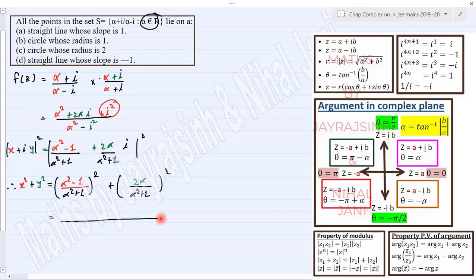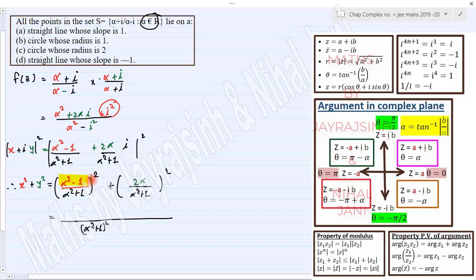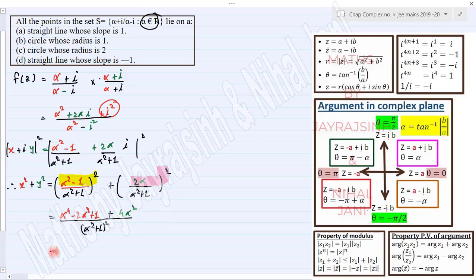So here we'll get (alpha square plus 1) the whole square. Let's expand (alpha square minus 1) the whole square, which will be alpha raised to 4 minus 2 alpha square plus 1, plus 4 alpha square. Minus 2 alpha square and plus 4 alpha square will become 2 alpha square.